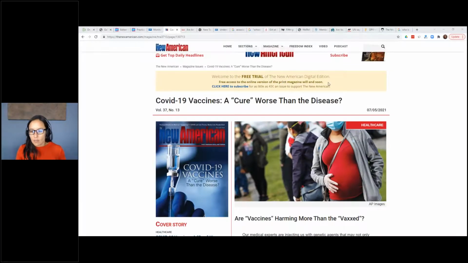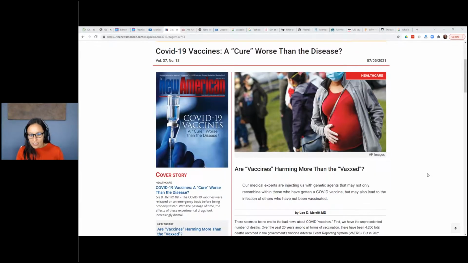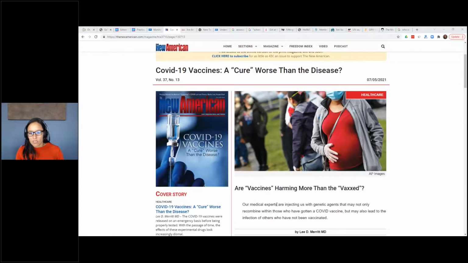It shares more of this type of misinformation: our medical experts are injecting us with genetic agents that may not only recombine with those who have gotten a COVID vaccine, but may also lead to the infection of others who have been vaccinated, right? So there's a theory that people who are vaccinated can shed the COVID virus, and even if you're a pregnant person standing next to somebody who's vaccinated, it could affect you and your baby, cause you fertility problems.